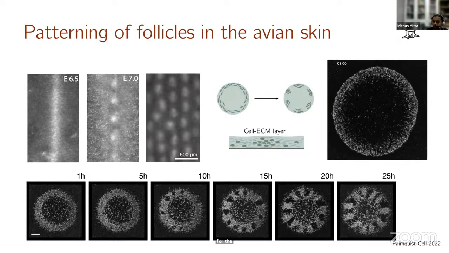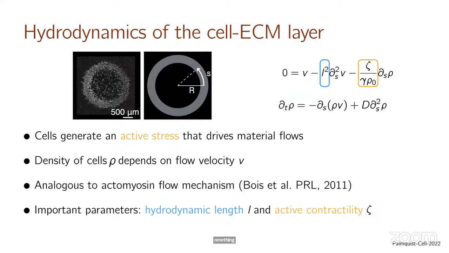Sorry, Amitav, I think you were asking something. No, I think I still had a doubt. Can you go to the next slide? I just wanted to understand if I misunderstood. When you coarse grain the whole picture and write down a continuum equation, this contractility is actually not at the level of individual cells per se.